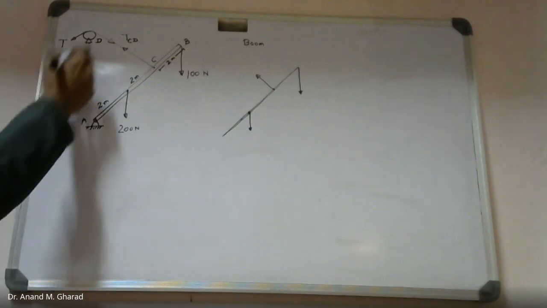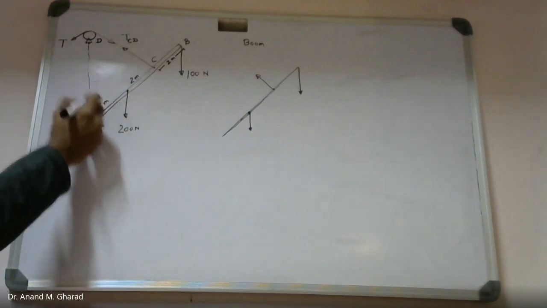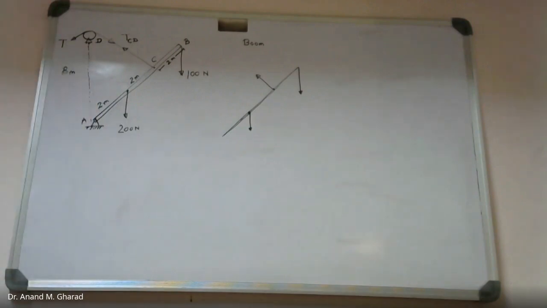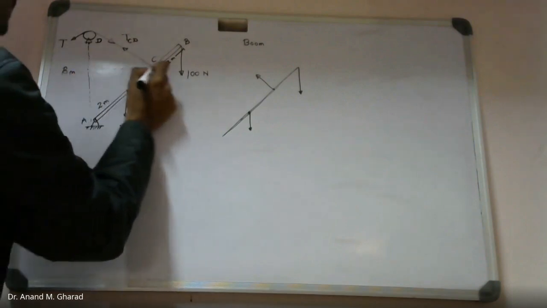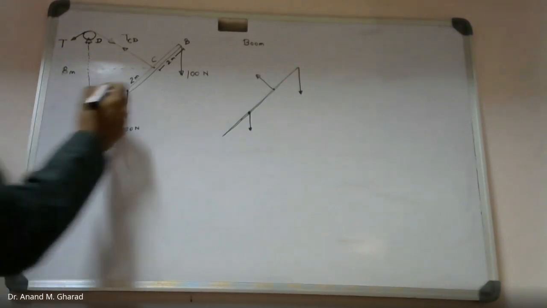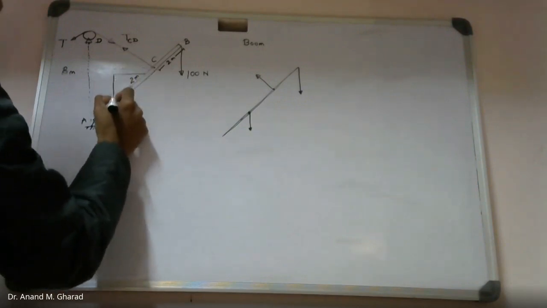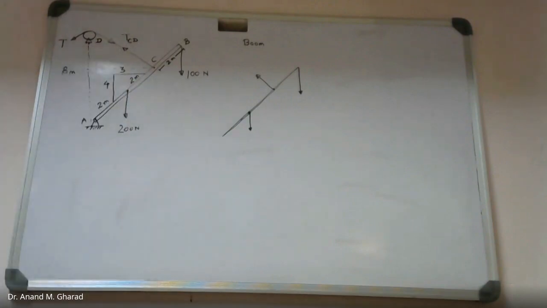So for that, this complete distance, this is 8 meter, and the slope of this boom is again given. The slope is given as 3 horizontal, 4 vertical. 3:4. Fine.